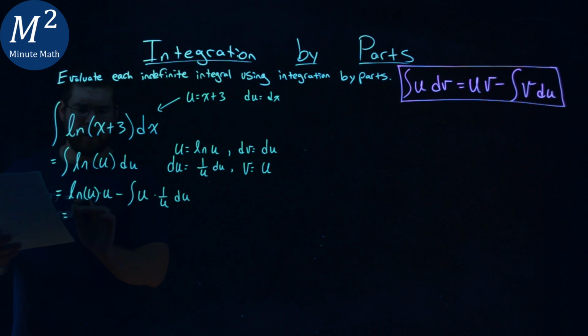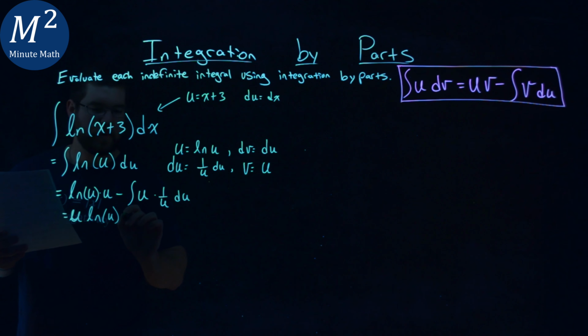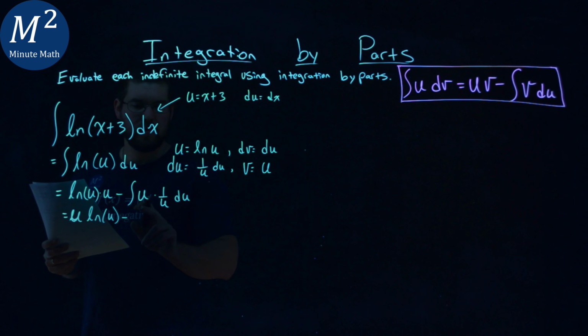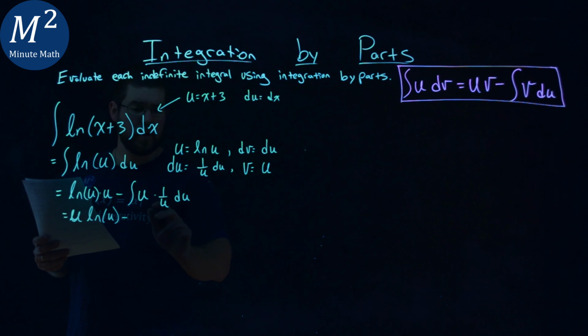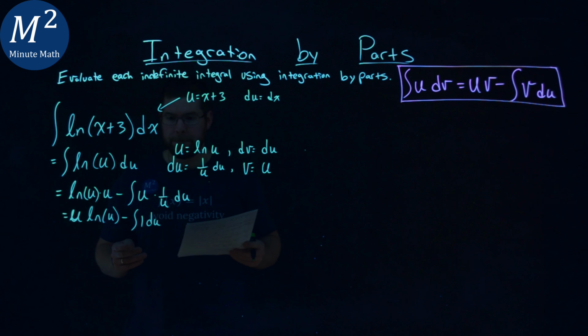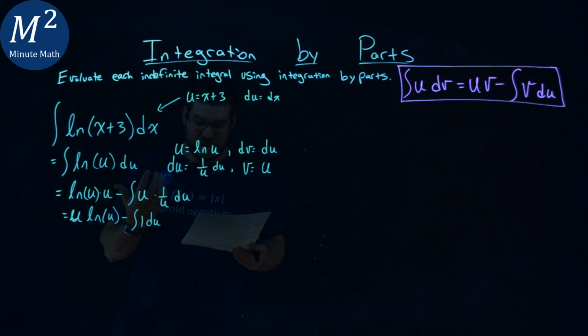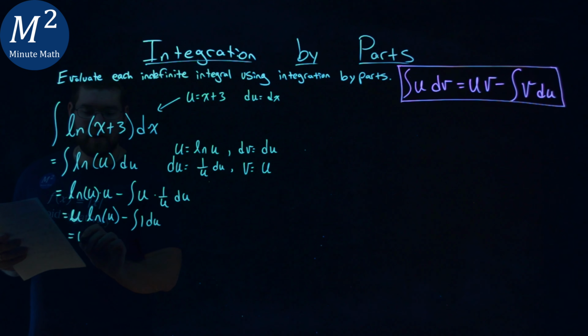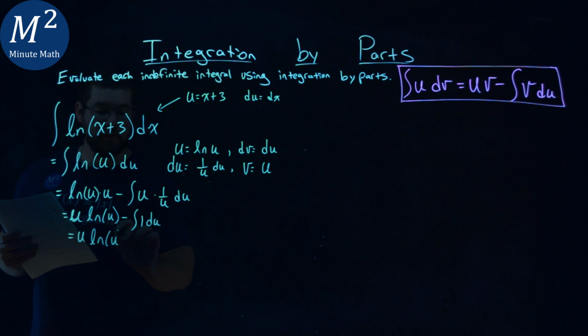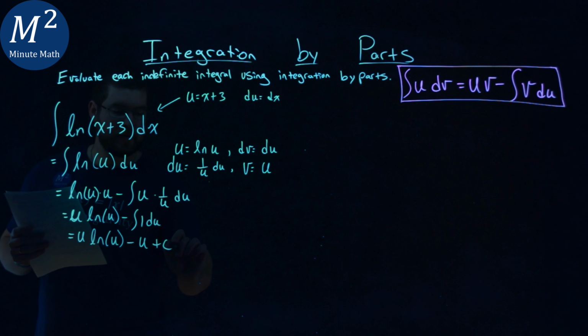I'm going to put the u up front because it's a little easier to see. u natural log of u, minus, well here, the integral, we have u times 1 over u, that's just the integral of 1 du. Okay? Well, integrating 1 with respect to u is just u. So here we have u natural log of u, minus another u, right? Integral of 1 du, plus c.